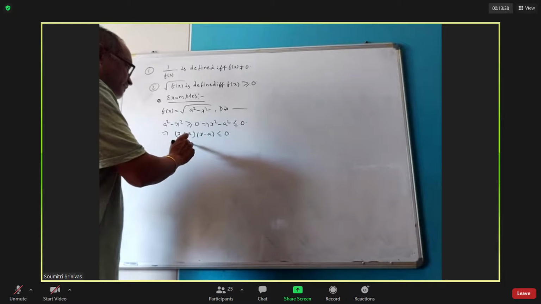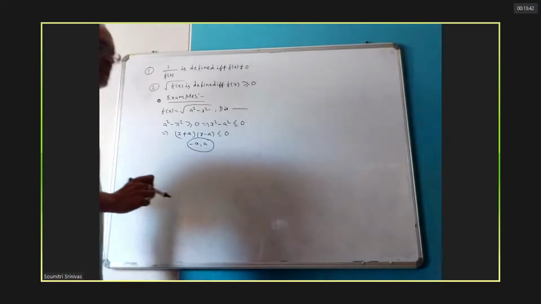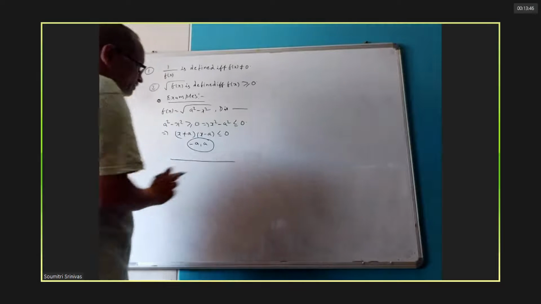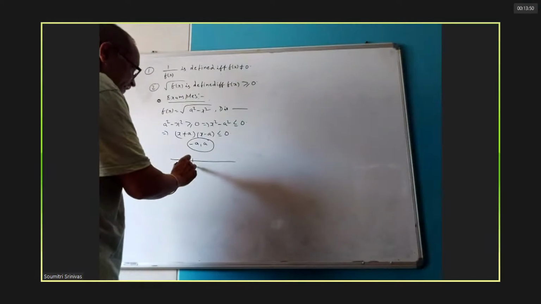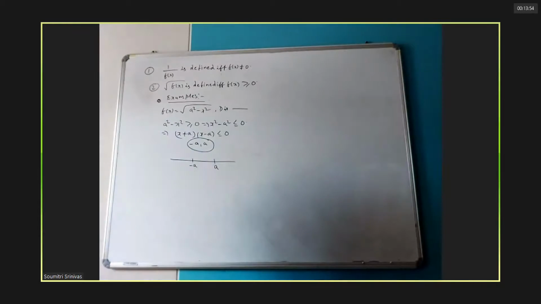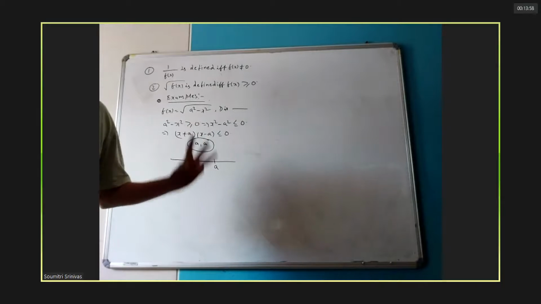Minus a and a. Plot them on the number line. What is the least? Minus a. Greatest, a. Number line is split into तीन टुकड़े.